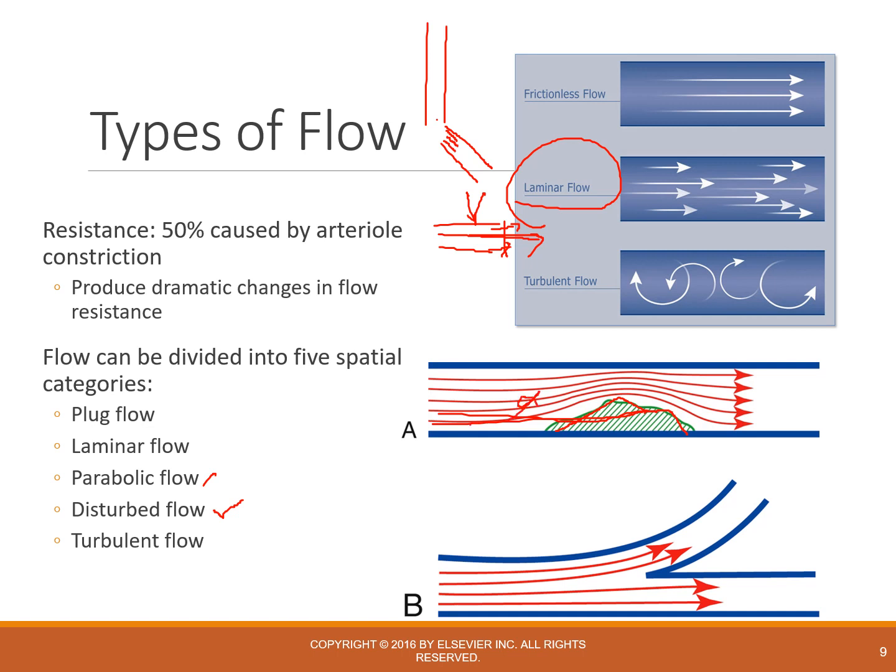So with disturbed flow, you're still maintaining laminar flow. You're just disturbing the path slightly. Now, we're going to talk about turbulence here on the next slide, but turbulence is when you have enough disruption that you no longer have that laminar form.